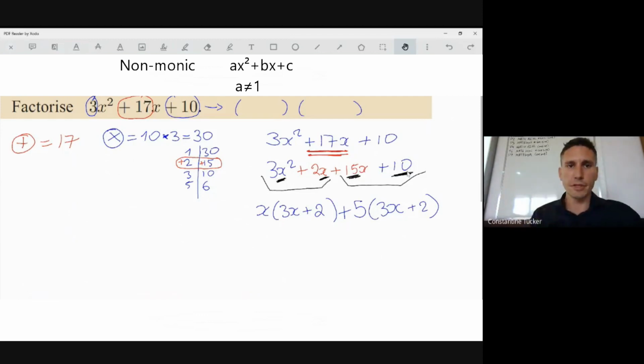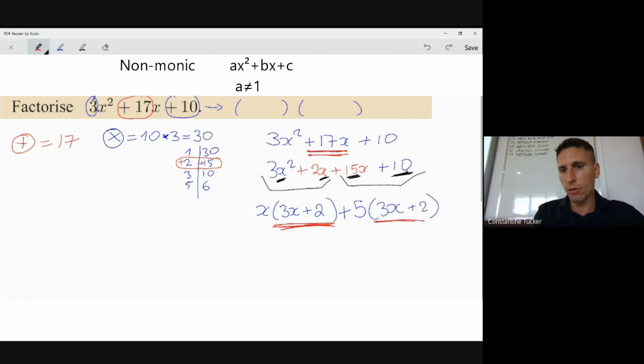1 step left. We have seen questions like this before. Here, this 3x plus 2, notice how it appears before and after the plus in the middle. So this 3x plus 2 will work as a common factor for the entire expression we have here.